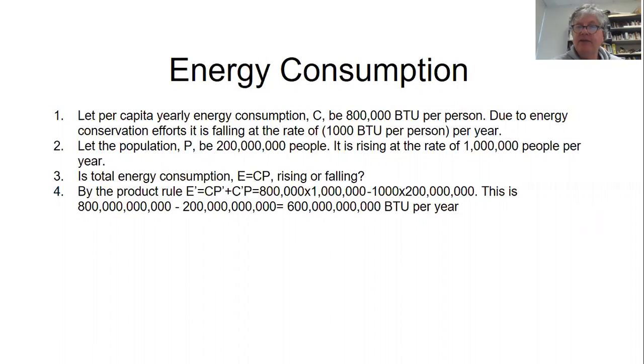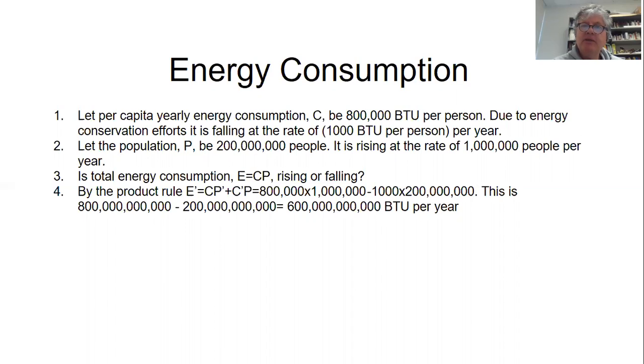And let's say there's some good green efforts to cut down on the usage of energy, and let's say C is falling at the rate of 1,000 BTUs per person per year. Okay, but on the other hand, the population, let's say it's 200 million, let's say it's rising at the rate of 1 million people per year.